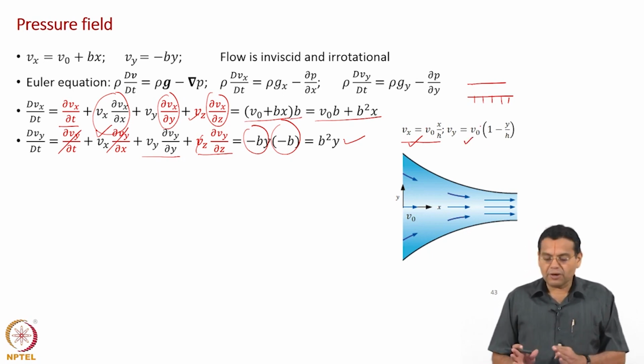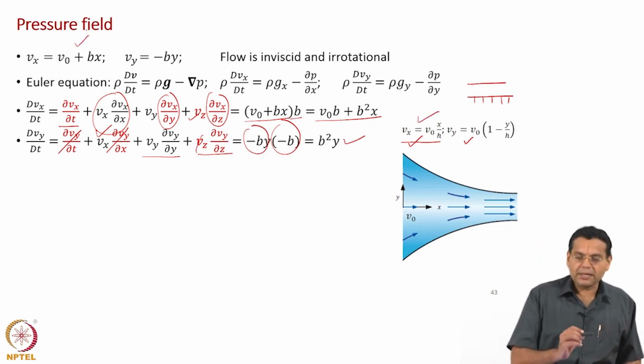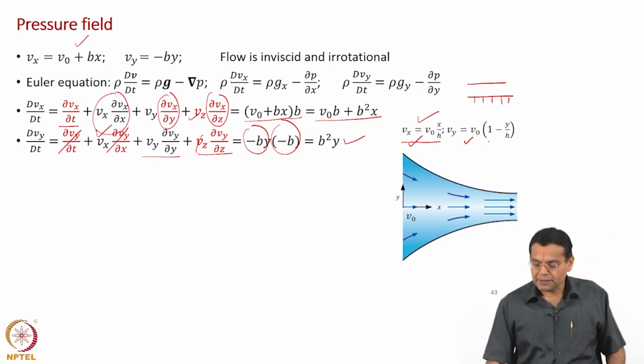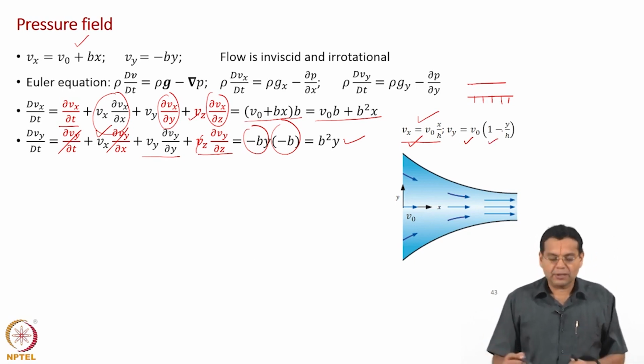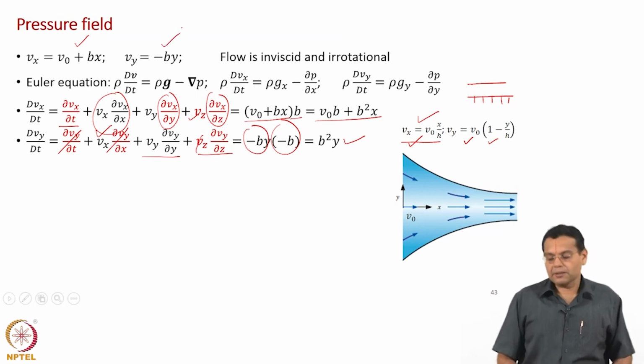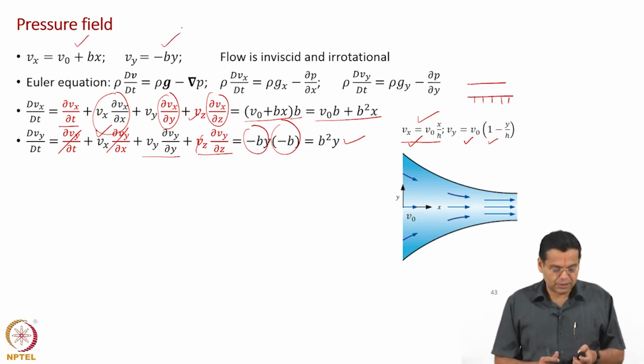The functional forms are different, no doubt about it, but if you look at the functional dependency, it is the same. Here also Vx depends on x only, there also it depends on x only, and in the previous case Vy depended on y only, here again it depends on y only. That is why these steps are almost similar to the earlier case.